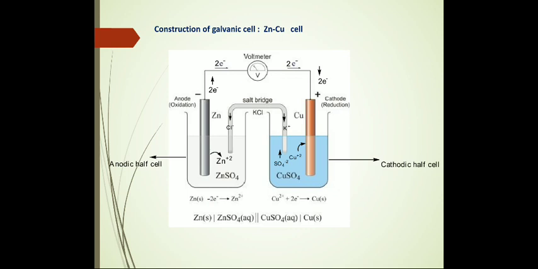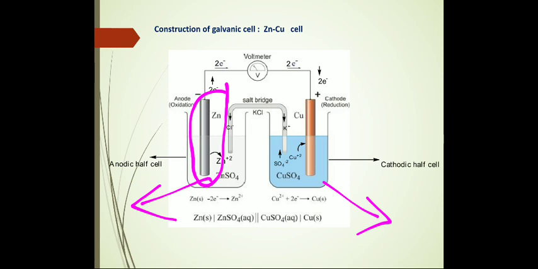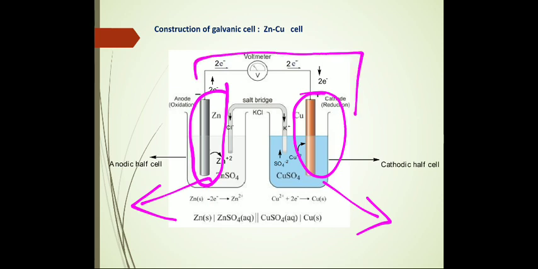In the construction, zinc sulfate solution is taken in a vessel and a zinc rod is placed in it, which acts as the anode of the cell. Copper sulfate solution is taken in another vessel, and a copper rod is placed in it. Then they are connected through a wire.